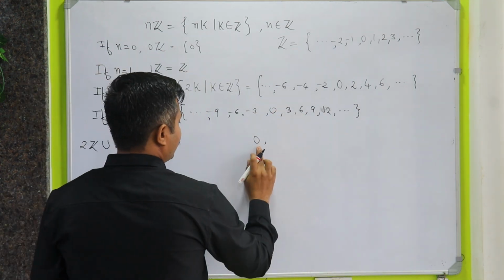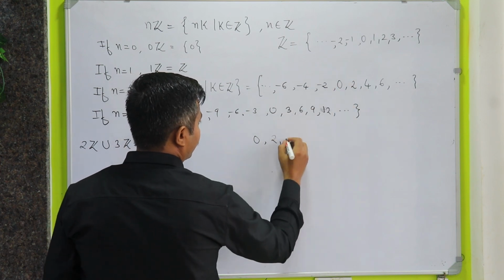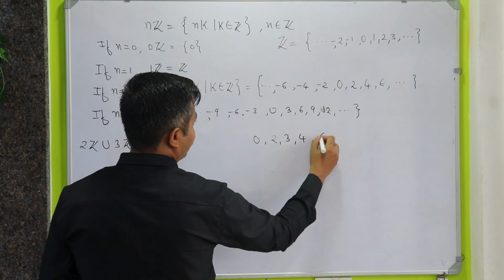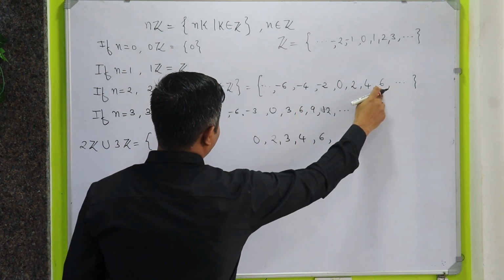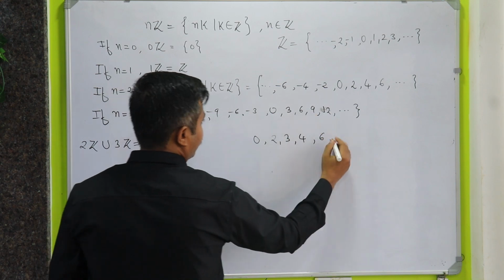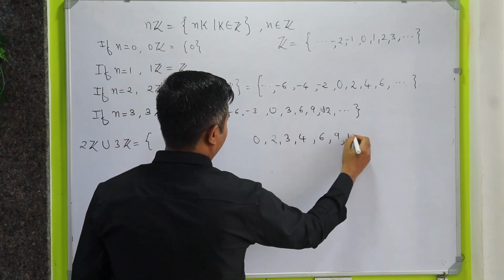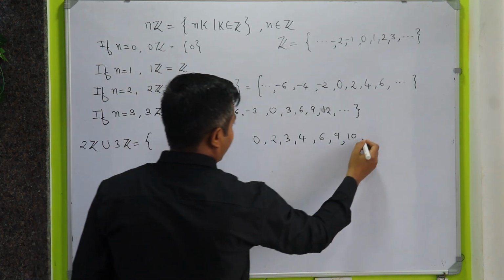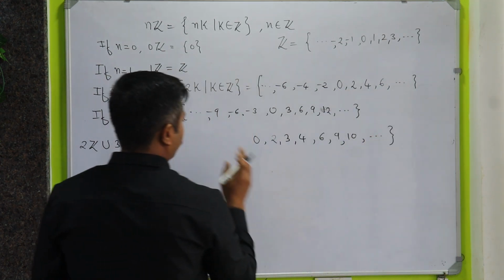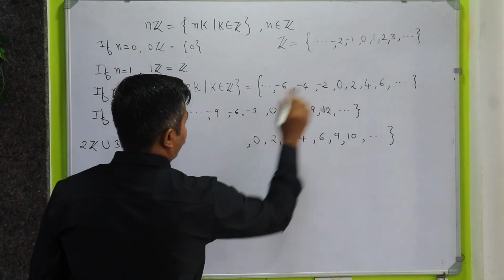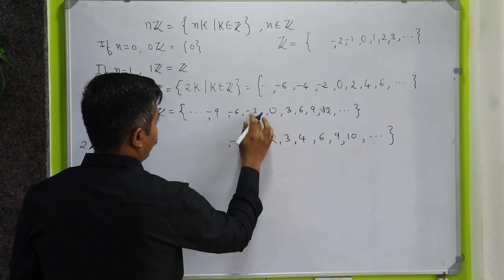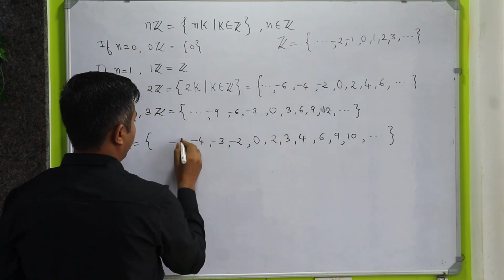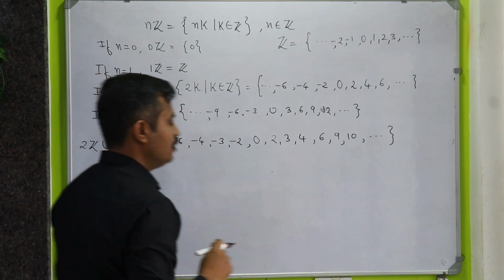So 0, then I'll write 2, then 3, then 4, then 6. Now I will not write this 6 again because it is already written. So next element is 9, then next will be 10, because 10 will be there in 2Z, and this will be continued. Similarly, on the negative side, I will have -2, then -3, then -4, then -6 and this will be continued.